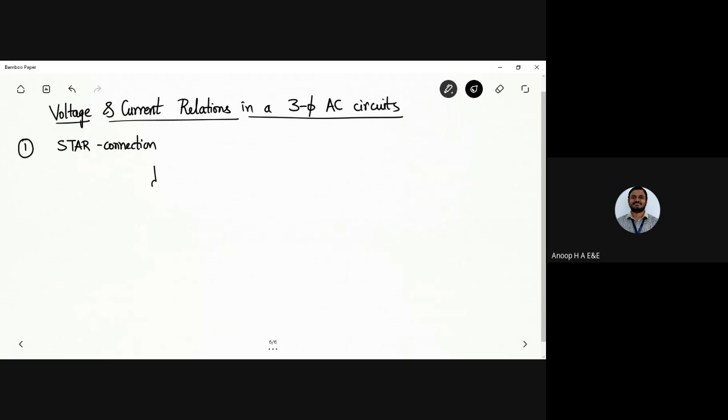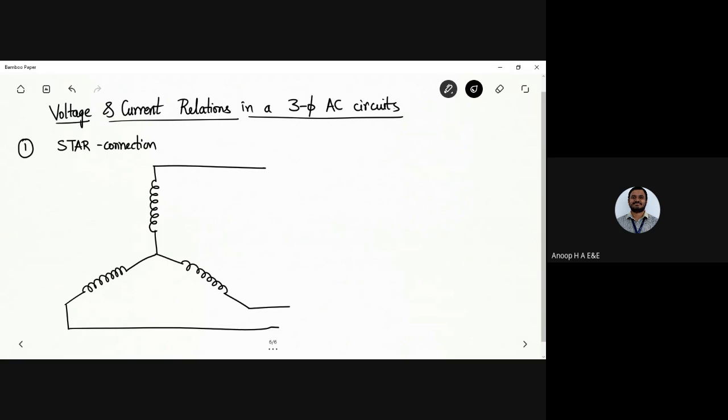I'm going to give you the diagram here of a star connection. We have Y, we have B. This point is the neutral conductor.